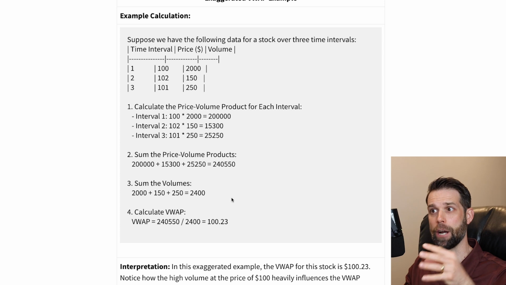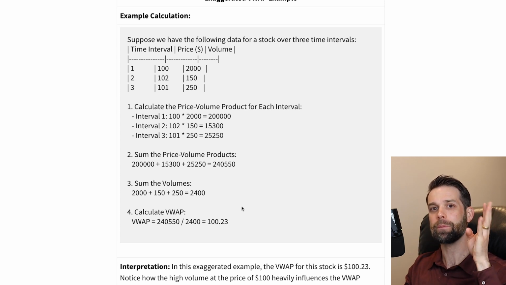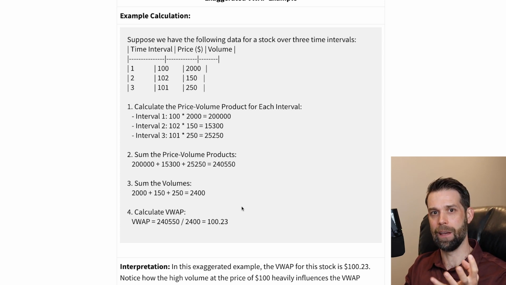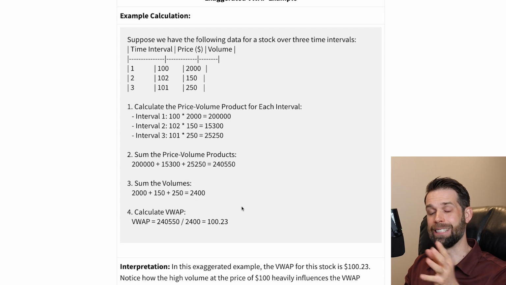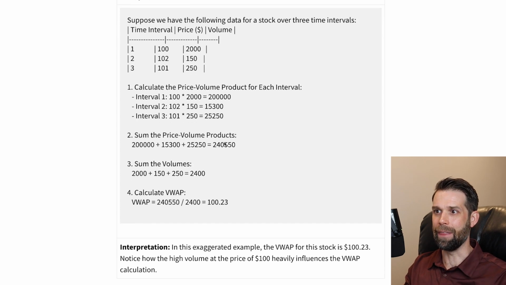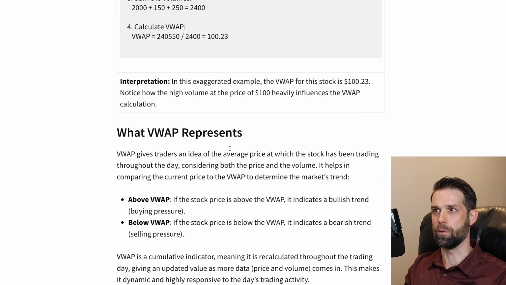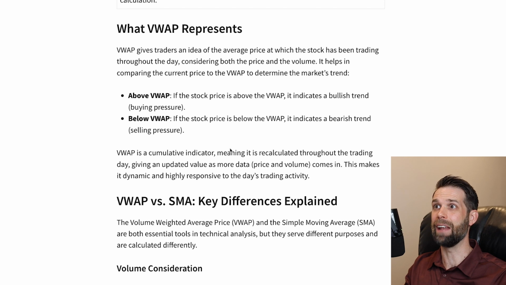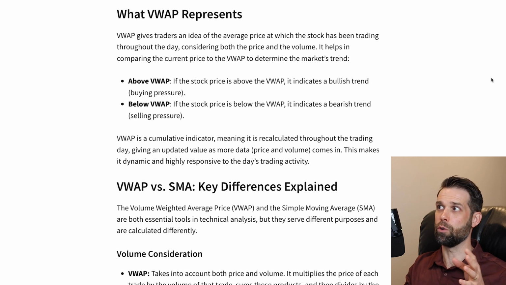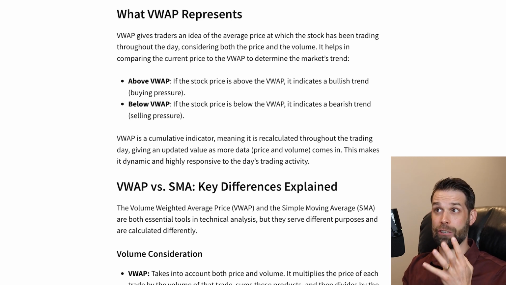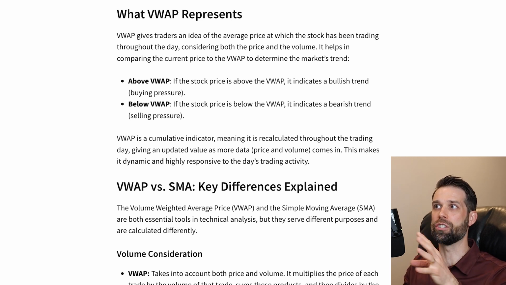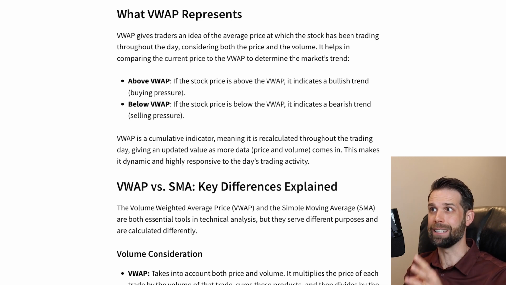So when you put it on your chart, you can understand that it's a volume weighted average price that is being calculated. Hopefully that was useful. In terms of what the VWAP represents, reviewing this again, what it gives us as traders is an idea of the average price at which the stock has been trading throughout the day, and it considers the price and the volume.